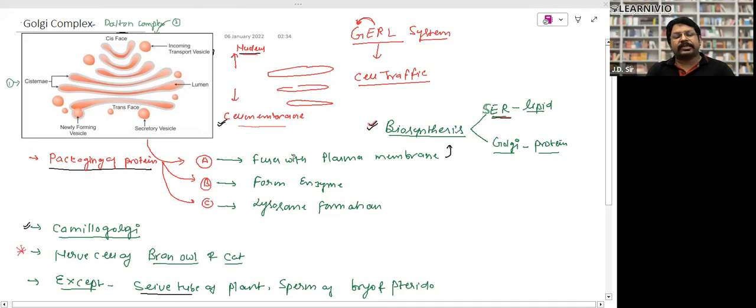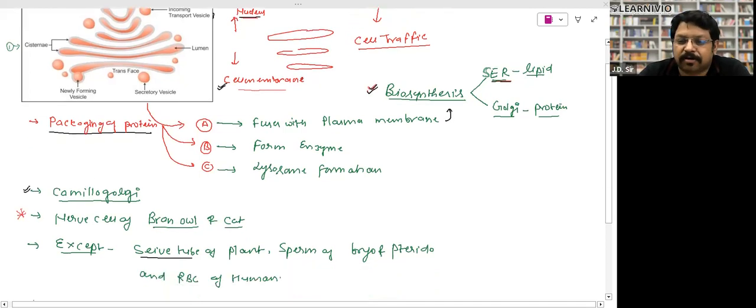Guys, Golgi complex as such are not found in the plant. If someone says that Golgi complex are not found in the plant, that is a wrong notion. But if someone says Golgi complex are found in the plant, that is not the exact answer.